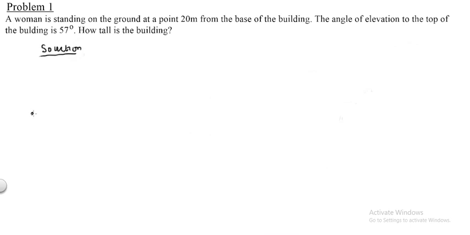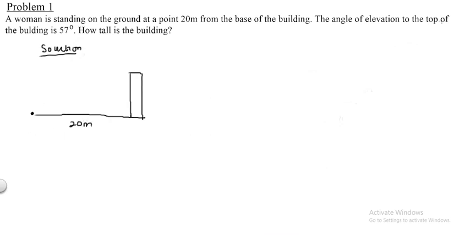Let's say this is where the woman is standing and this is the building. This is the ground. Our question tells us that our woman stands at this point 20 meters from the base of a building. That means from this point to the bottom of the building is 20 meters.